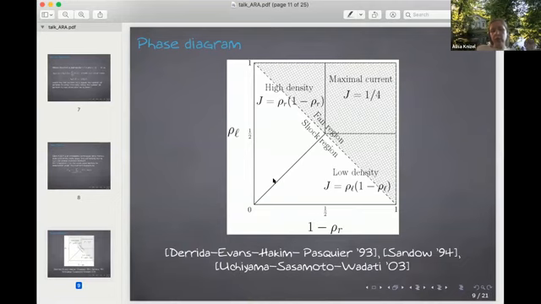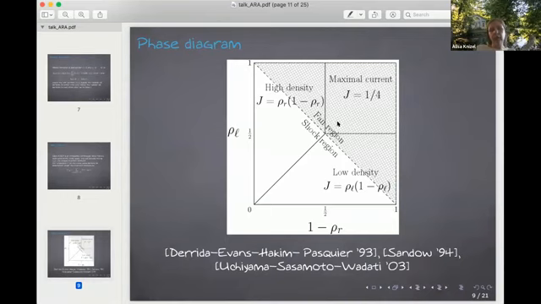So at stationarity, the dependence on time disappears, and moreover, it has been shown that this quantity has a limit as n goes to infinity, which is denoted by J in this picture. And it was shown that depending on the parameters of the system, alpha, beta, gamma, delta, and q, the current can take only 3 values.